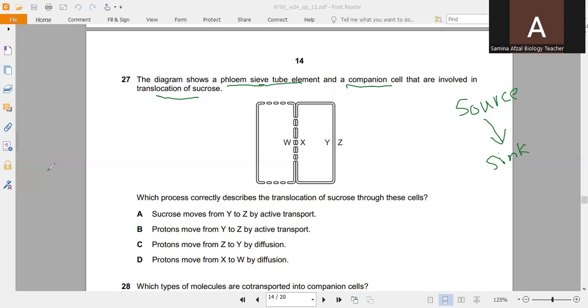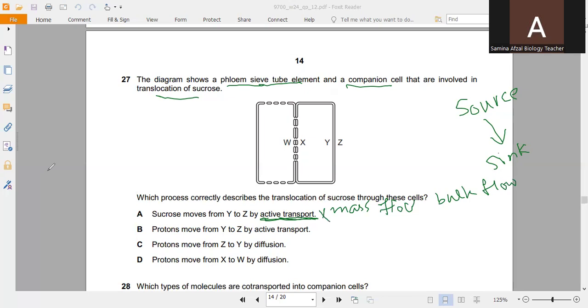So the first option: sucrose moves from Y to Z by active transport. You can say the movement is by mass flow, or bulk flow. So this is not the correct option.